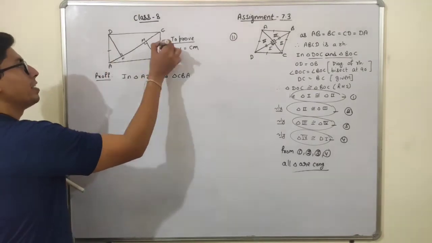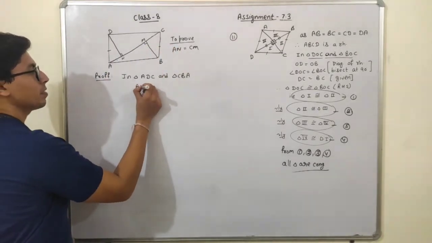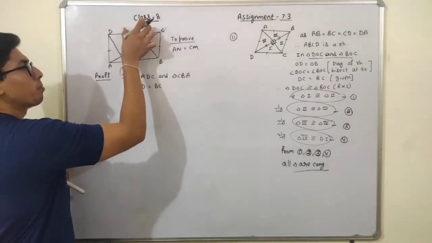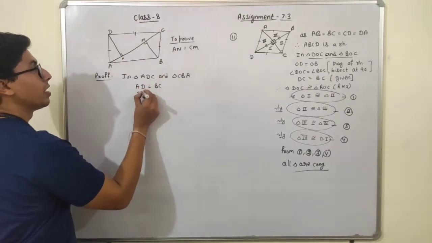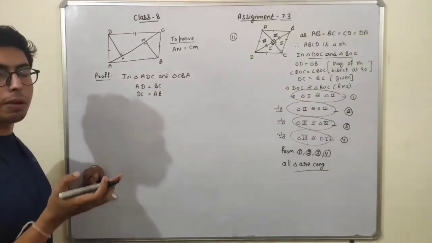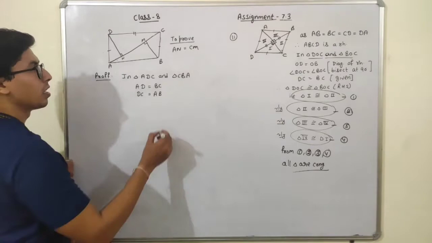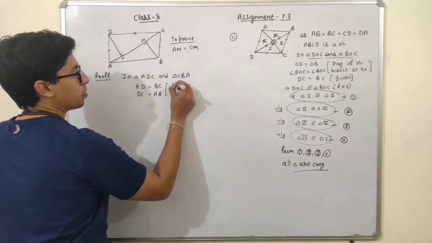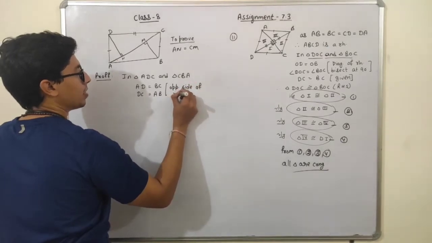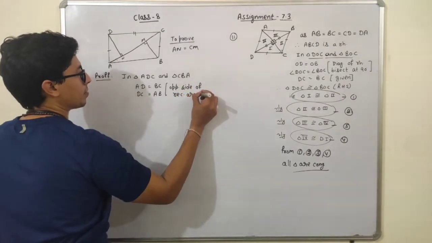How? AD is equal to BC, and DC from this triangle and AB from this triangle, DC is equal to AB. The reason is the same for both: opposite sides of a rectangle are equal.